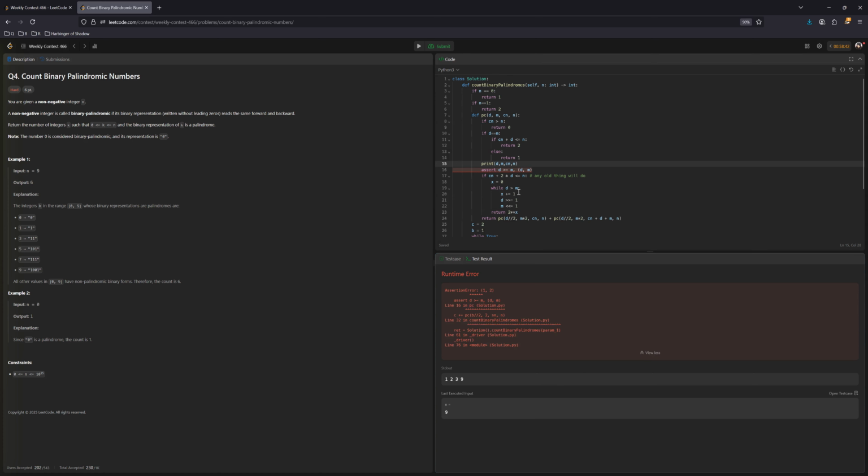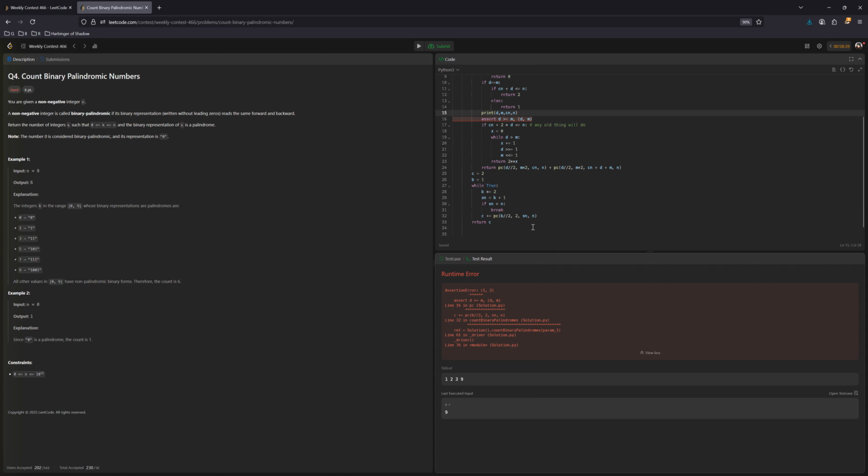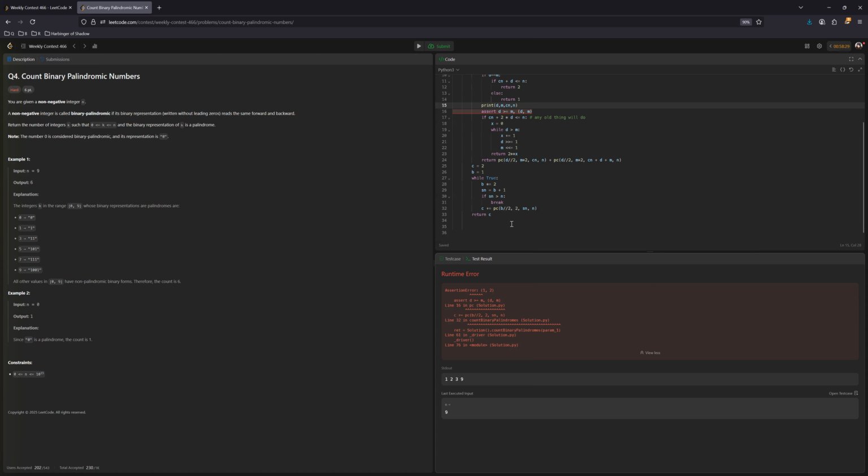I gotta see what it's doing here. 1 comma 2. So they've crossed. They've crossed at the lowest level, which makes sense. We need more room in the middle.